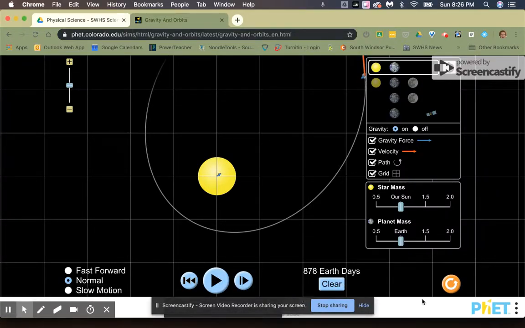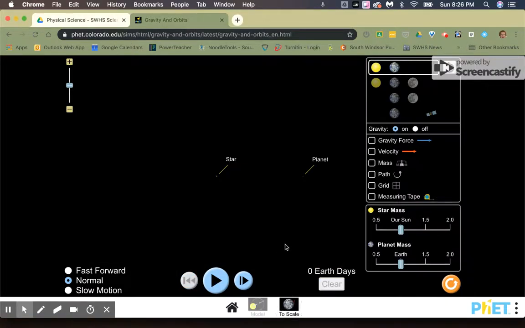And at this point, I'll switch down here to the scale model of it. I can switch to scale. Scale adds two new features here. You have the mass, and it gives mass in terms of Earth. So one Earth mass, or 333,000 Earth masses. You also have a measuring tape.